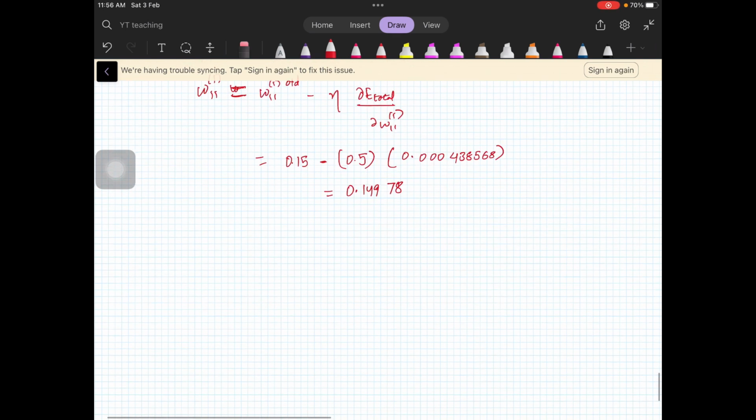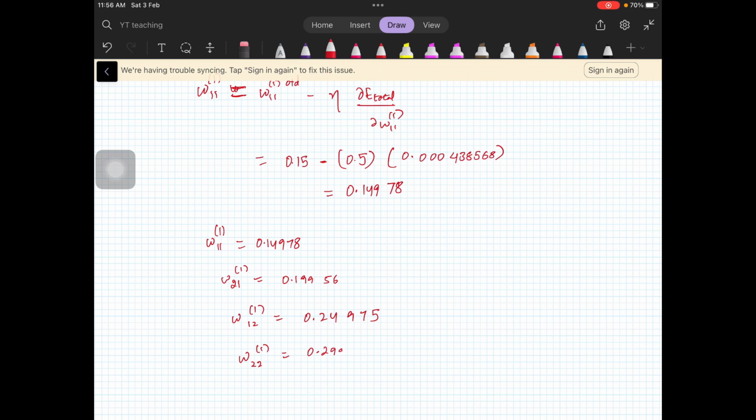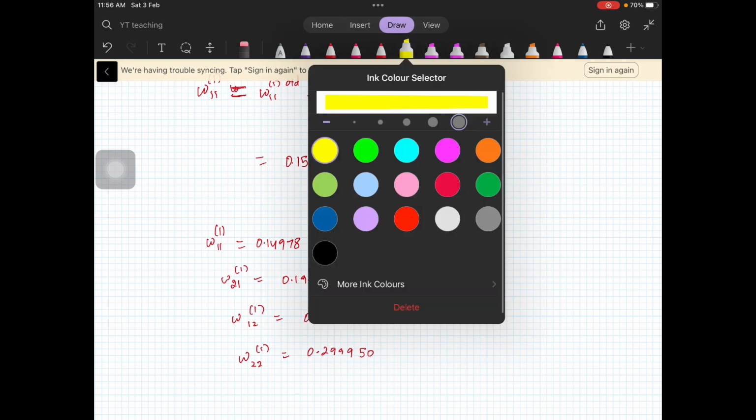Now if you update all the weights in this layer, you'll get W11 new is 0.14978, W21 new is 0.19956, W12 new would be 0.24975, and W22 new would be 0.29995.